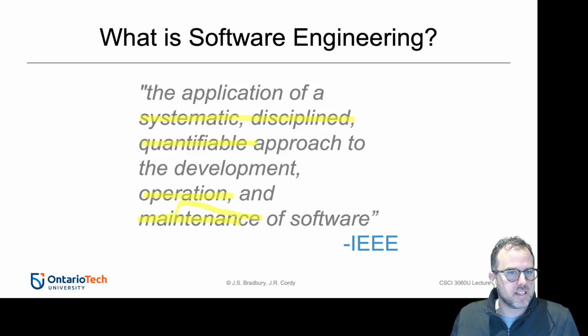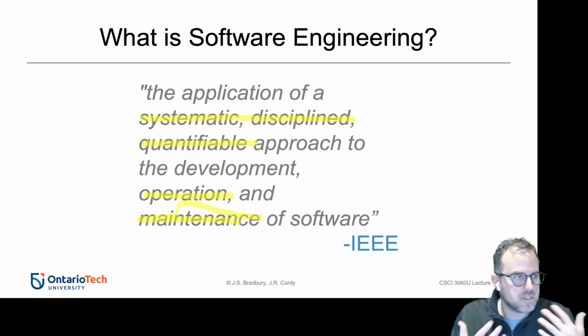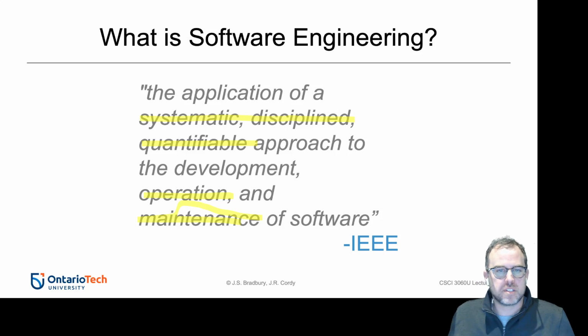So systematic and quantifiable means you're doing it in a reproducible way, in a way that somebody can understand, and it has steps involved. There's a process, and you're able to quantify what you're doing, meaning you're able to measure how successful you are, or you're able to measure what you produce, right?